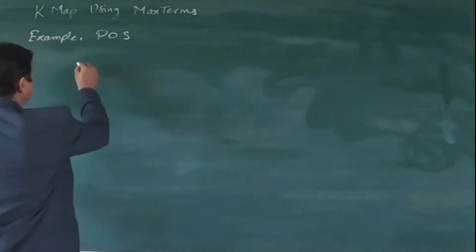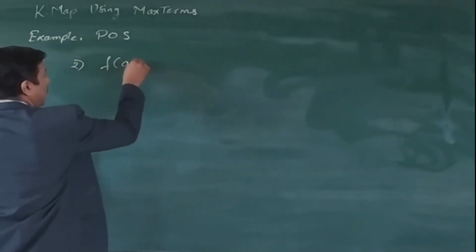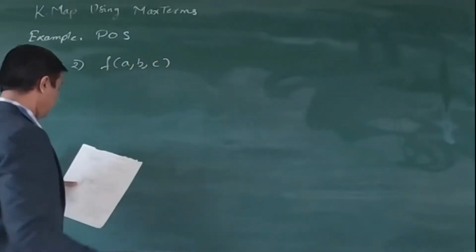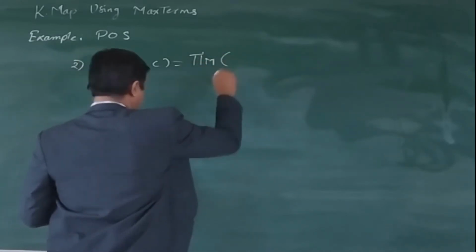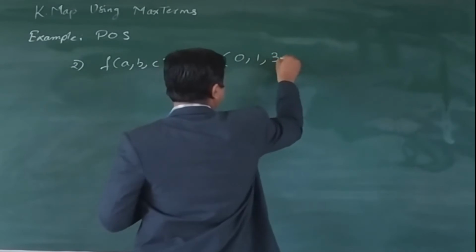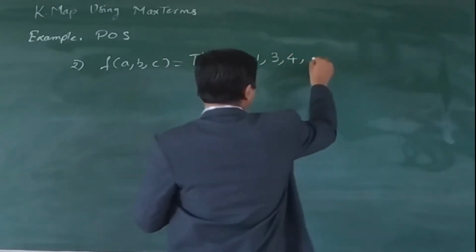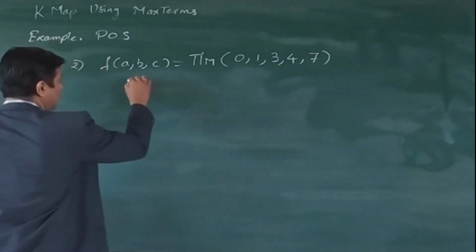The second example we have is for the given function f of A, B, C equal to pi of m 0, 1, 3, 4 and 7. Let us draw the K-map for this.